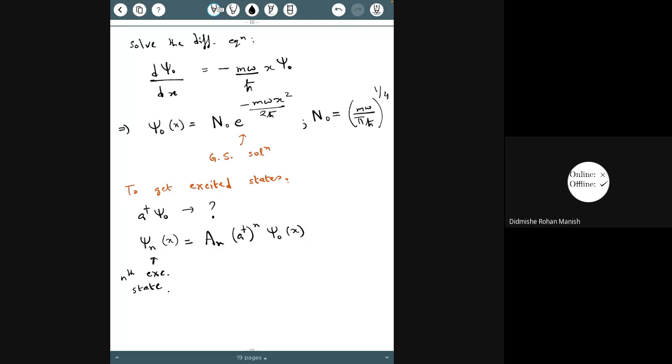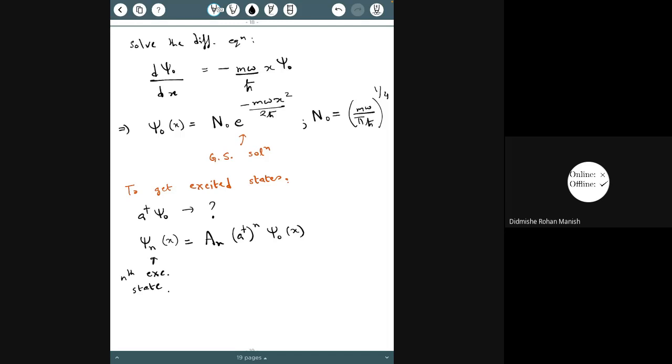Just one more clarification: the normalization will be done over all x, right? I mean, it's no longer confined to any x range. Here, no, this is from minus infinity to plus infinity. Okay. Yeah, because this potential is this parabolic potential.